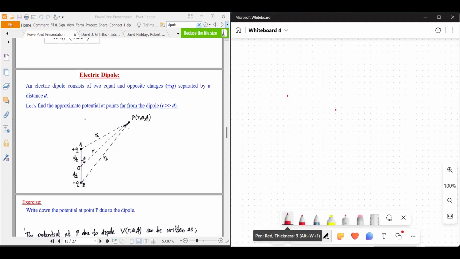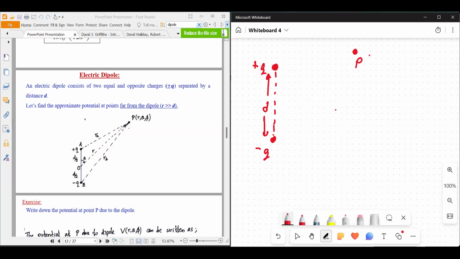Now we will consider a dipole with plus q and minus q, let's say the separation is d, and we will calculate the potential due to this dipole at a point P. The coordinates here are r, theta, and psi.